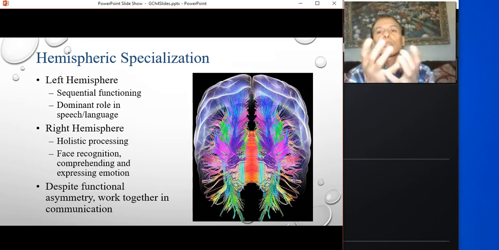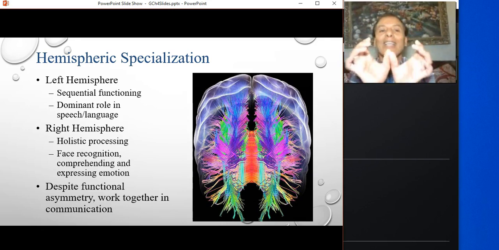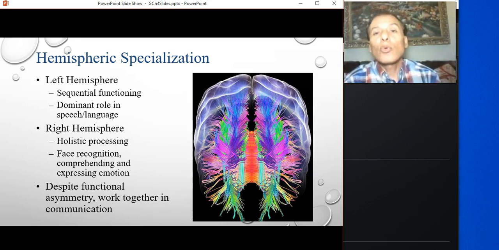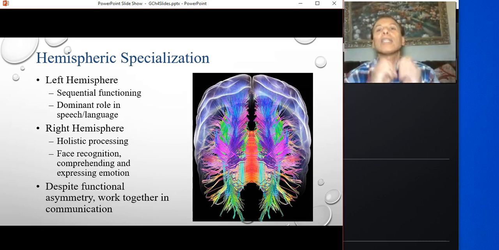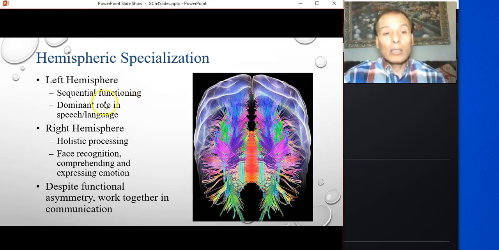When you put all these words together into one saying, an idiom, that is what it means. Even though there is nothing in the sentence that says it is raining heavily, the right hemisphere takes the whole context and gives you that meaning. So the left hemisphere is dominant for sequential functioning, like mathematic skills.